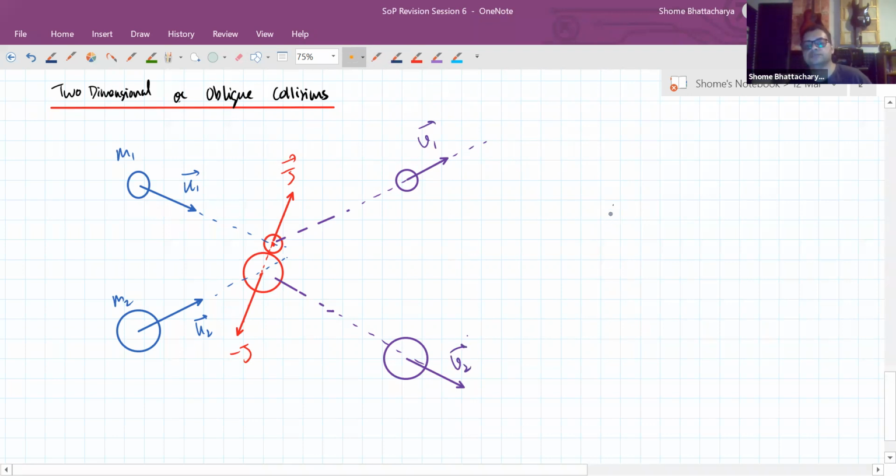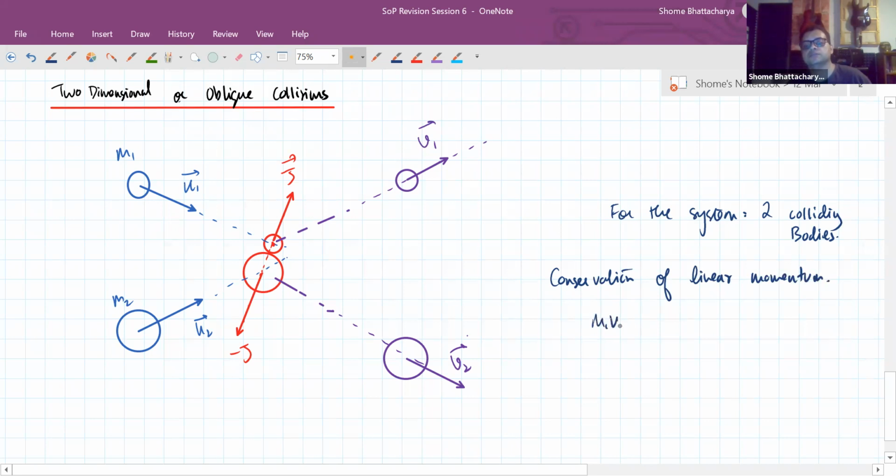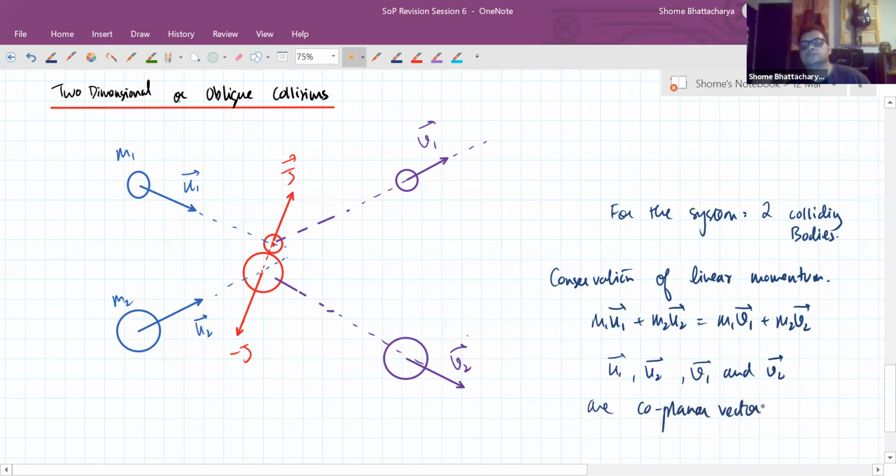momentum conservation for the system consisting of the two colliding bodies, conservation of linear momentum, gives us this relation, where u1, u2, v1 and v2 are coplanar vectors, which are also coplanar with the collision impulse that is acting.